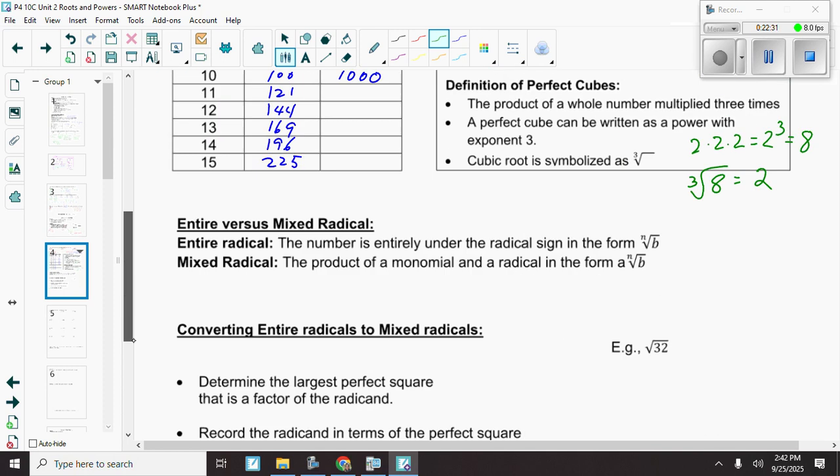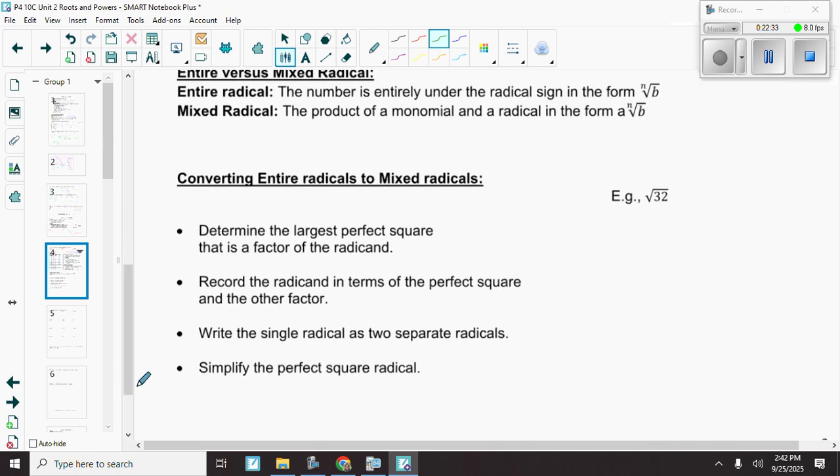What we do with this radical, we call it simplifying. When we simplify, we determine the largest perfect square that's a factor in this radicand.